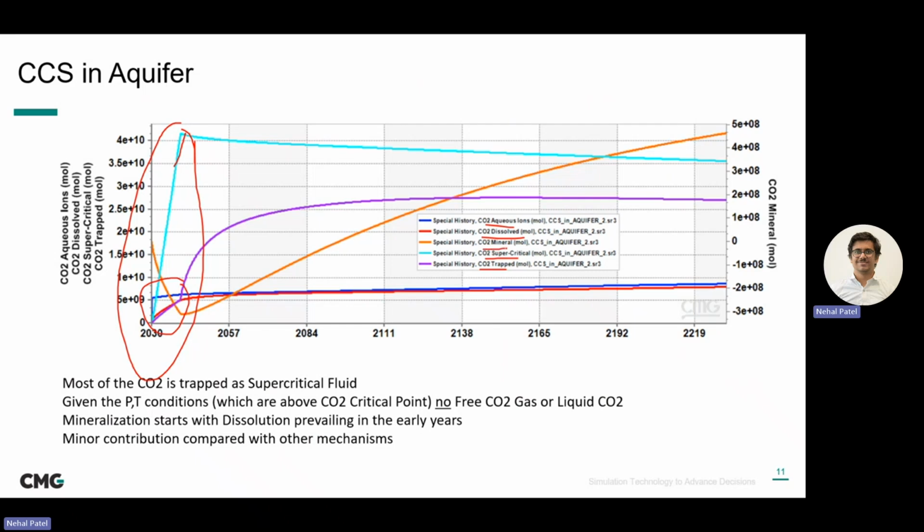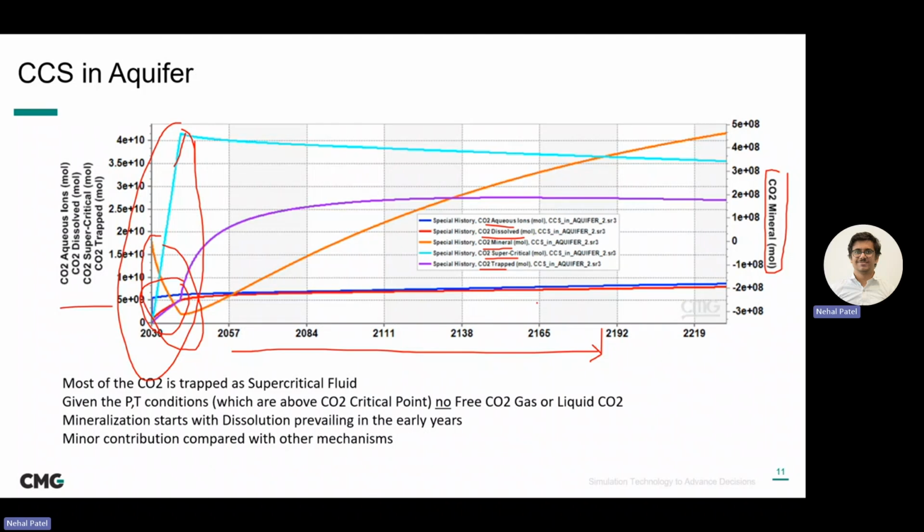For CO2 in minerals, as we can see on this orange line, even during the initialization we see a decrease in CO2 in mineral form, as there might be some initial mineral presence in our reservoir that is consumed when we are injecting CO2. But overall with time we see that CO2 in mineral is increasing. Here we can see that the scale of CO2 in mineral is different, it's very small compared to CO2 in other forms.